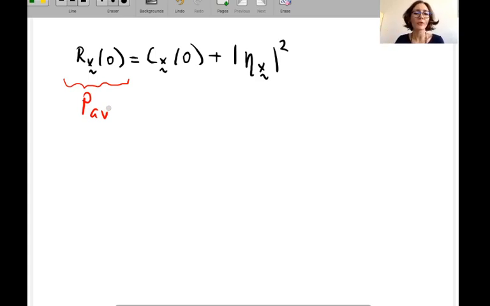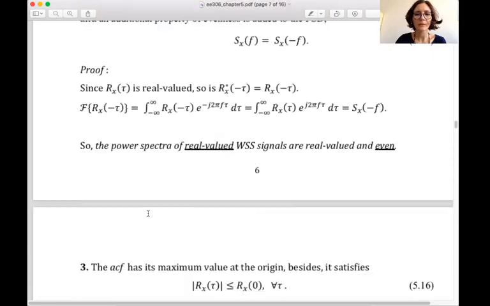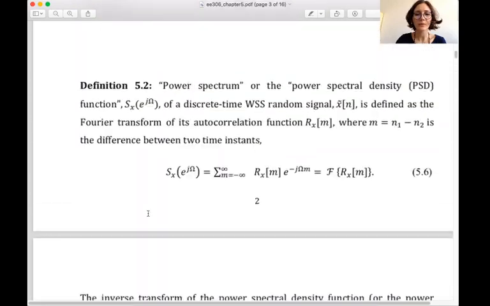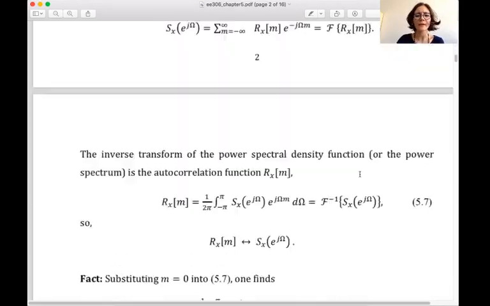If the process is ergodic, the time averages are equal to the expectations, and Rx of 0, let's review that, can be obtained by integrating the power spectral density of the process from minus infinity to plus infinity, and then you have all this chain of equalities that hold when the process is ergodic, and this expression is called the average power. This is what we saw in the last lecture.